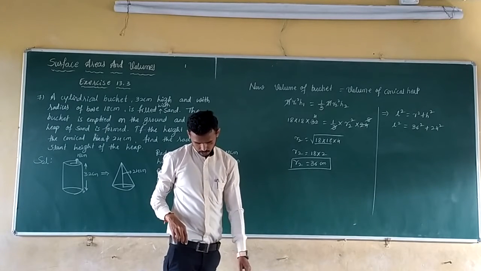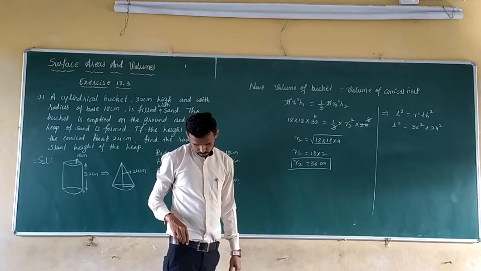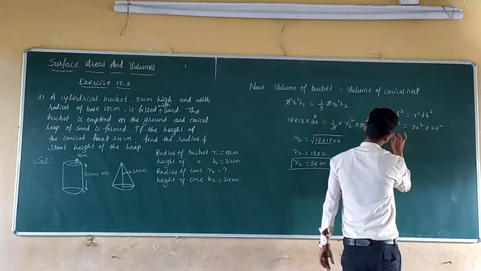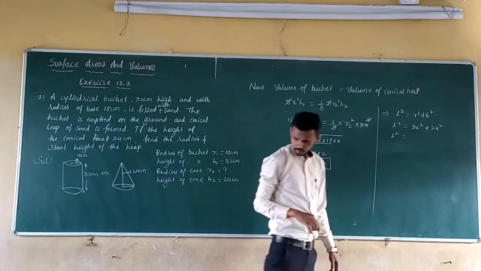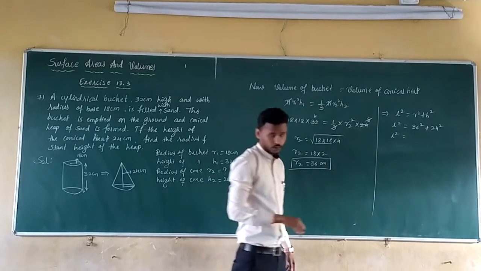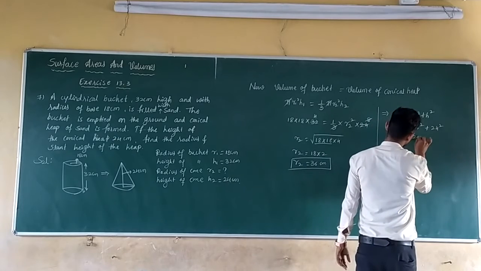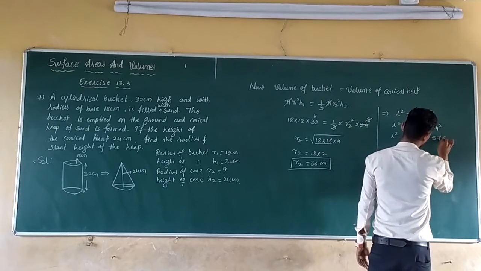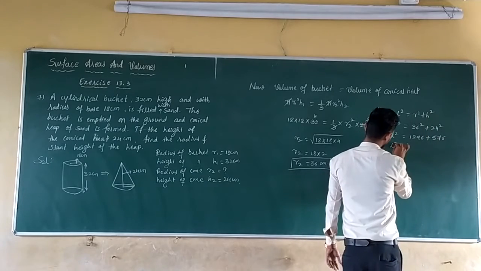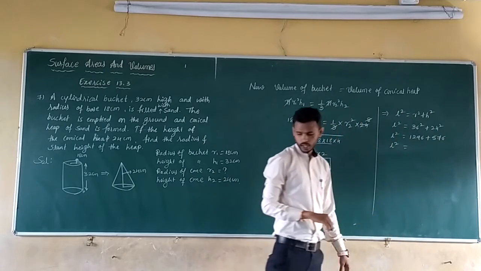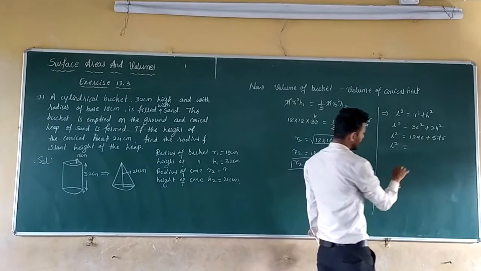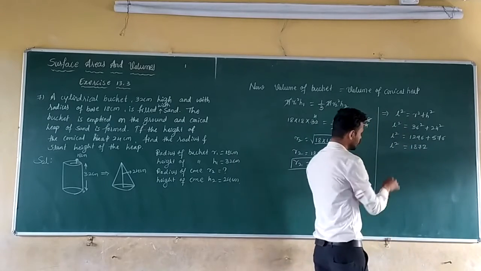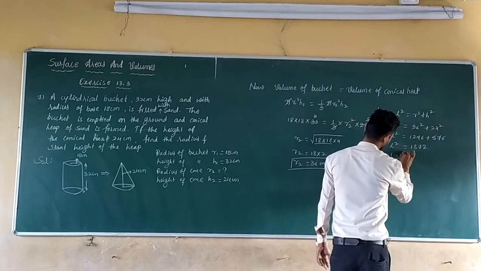You will get the answer 1296, plus 24 square, 576. So L square equals, add both, you will get 1872. So remove the square, that will become square root.